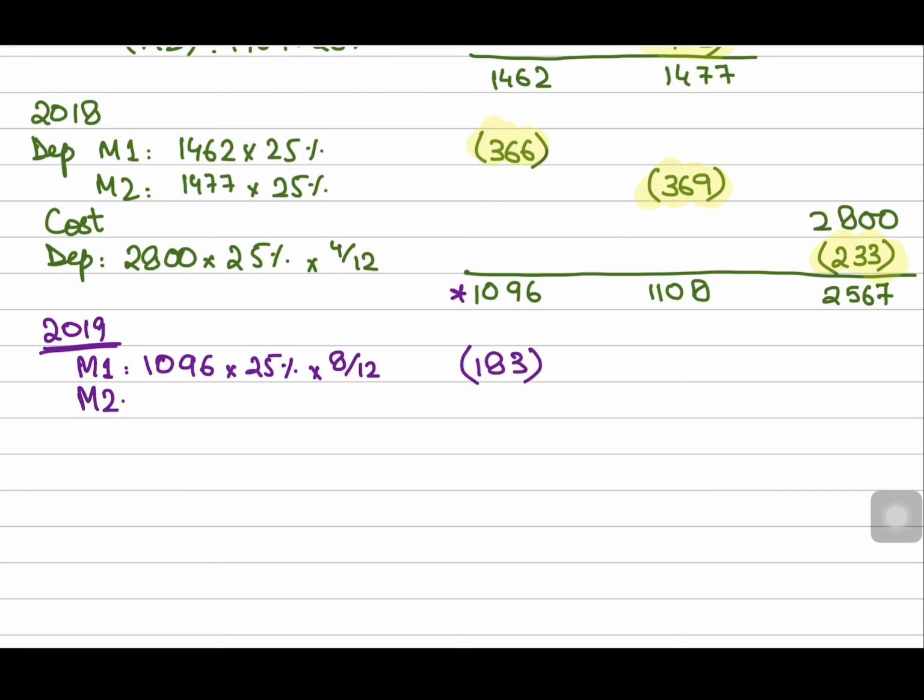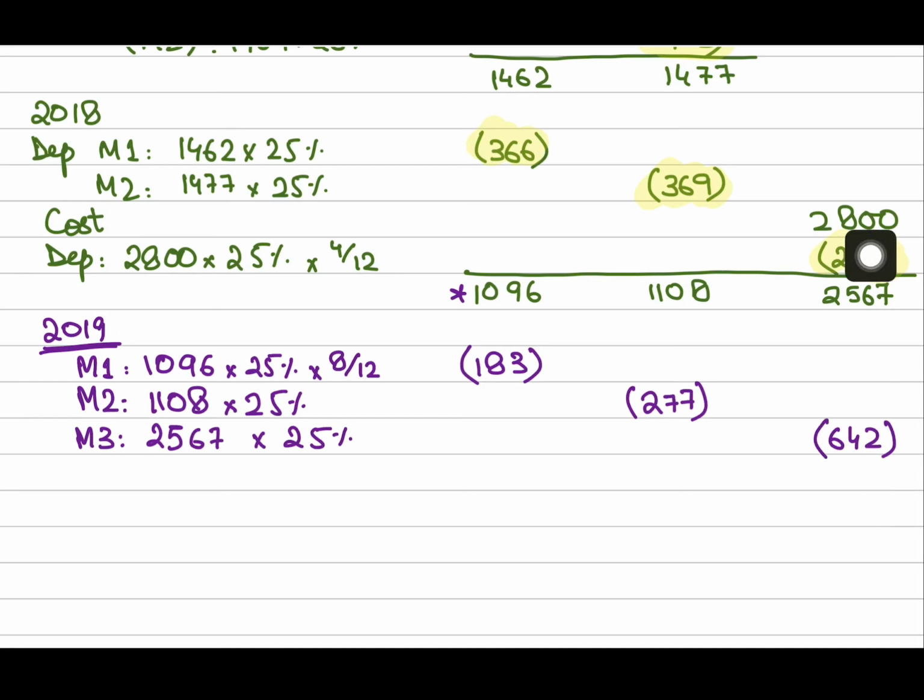Now on machinery number 2, the net book value was 1108 multiplied by 25% for full 12 months. It will be 277. Then on machinery number 3, now in this year, for full 12 months, so 2567 multiplied by 25%, that would be 641.75. So it will be 642.